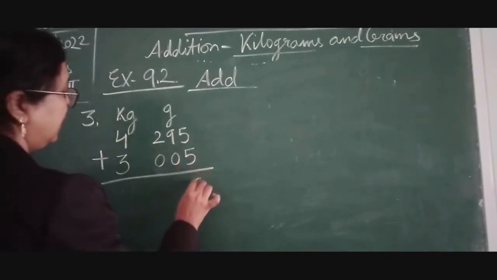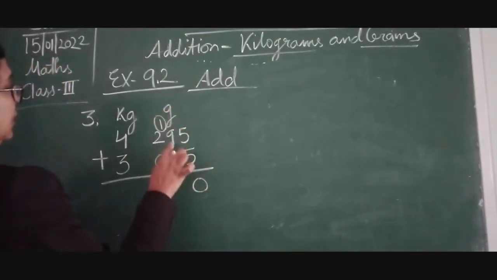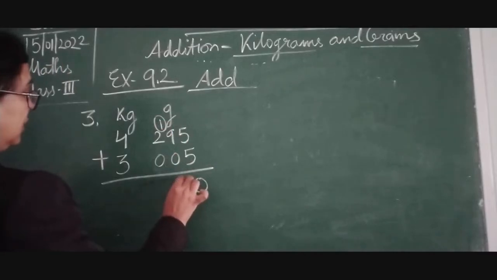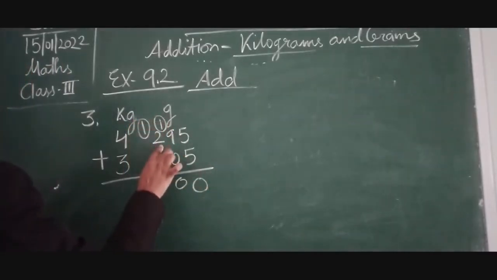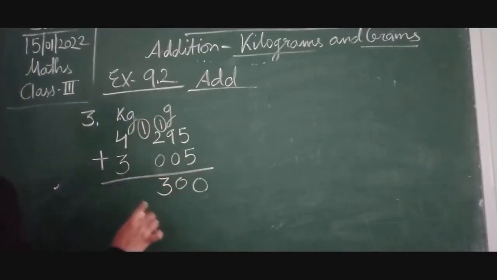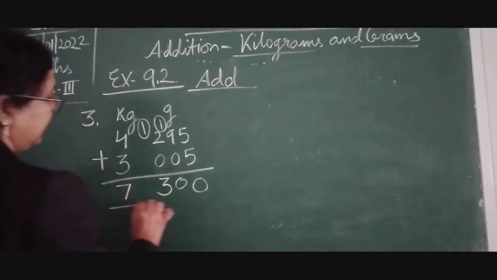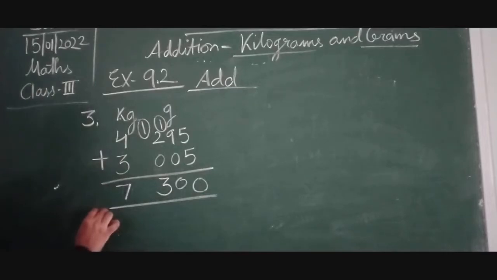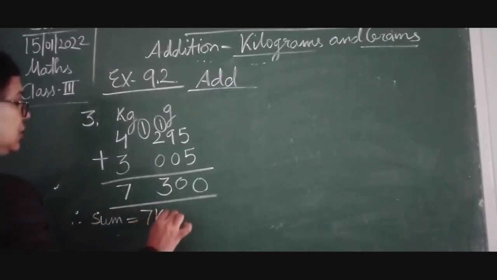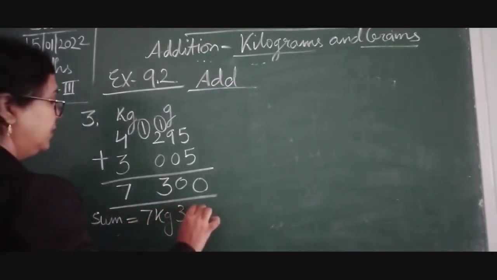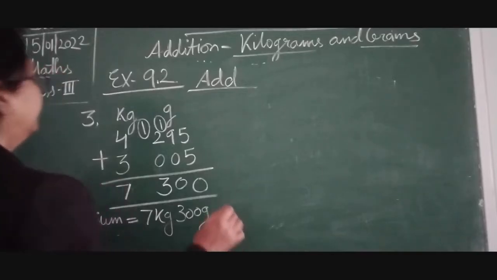5, 5, 10, 1 is carry over, 9 and 1 is 10, 1 is carry over, 2 and 1 is 3. 4 and 3 equal to 7. So therefore sum equal to 7 kg 300 grams.